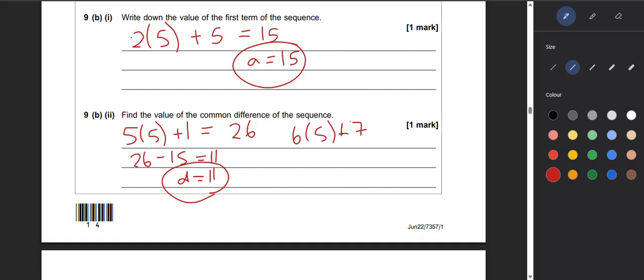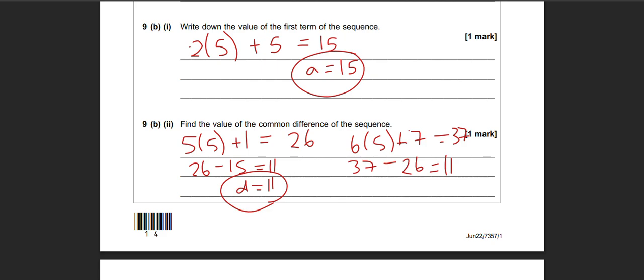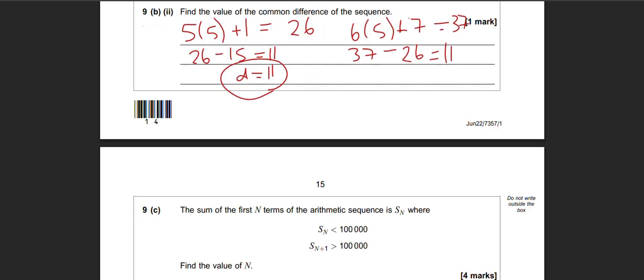So that would be 37. So again, 37 minus the term before it, which was 26, also gets us 11. So you can check that, and hopefully that'll give you some confidence that the rest of your answer is correct. So we've got an A of 15 and a D of 11.